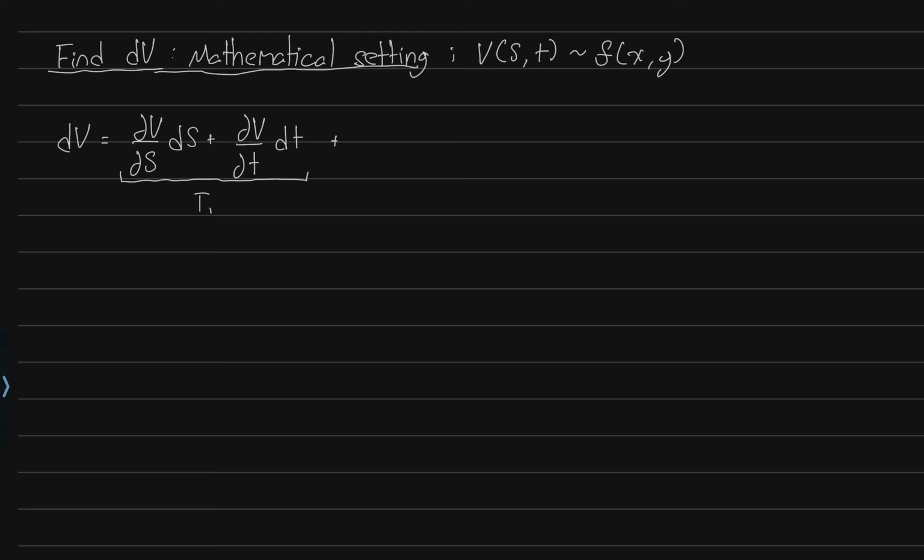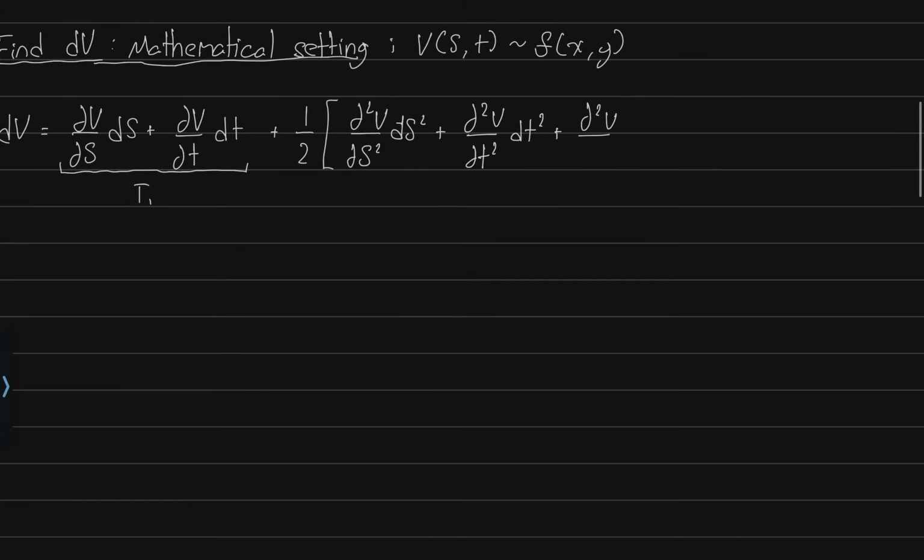I'm going to add that with 1/2 times the second partial derivative of V with respect to our stock price, dS squared, as well as our second derivative with respect to time, dt squared, plus our second derivative of our financial derivative price with respect to our stock price and our time.